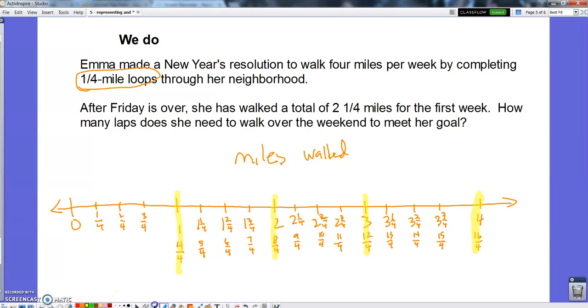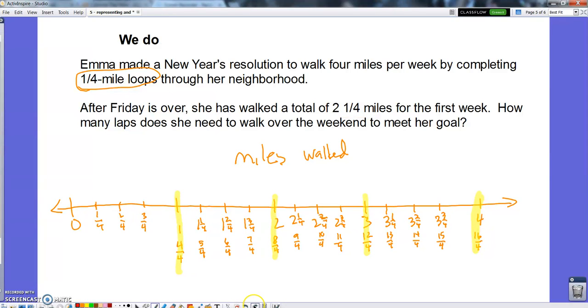And so in the problem, it tells us that during the week, she did 2 1/4 miles, right? So we're going to go up to 2 1/4 miles. Actually, if you're writing that, I don't need to write all these little things here.